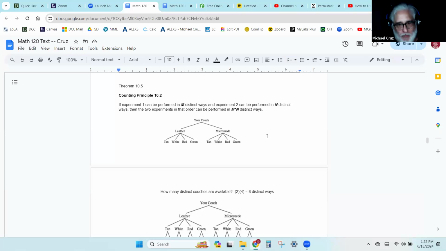If we have experiment 1 and it has m ways, and that's just purely a theoretical number, it could be anything, and experiment 2 can be performed in n ways, then by combining the two experiments, we simply find out how many distinct ways there are by multiplying the numbers that we have.